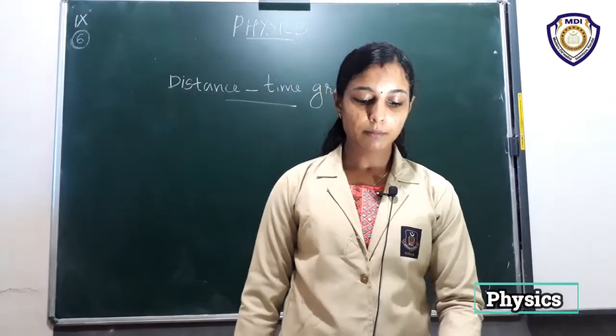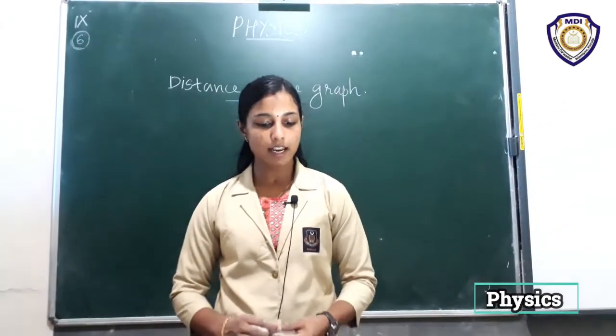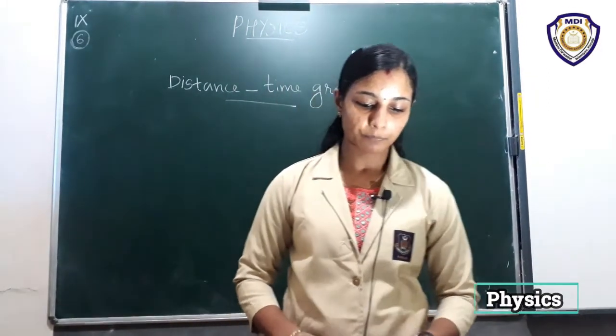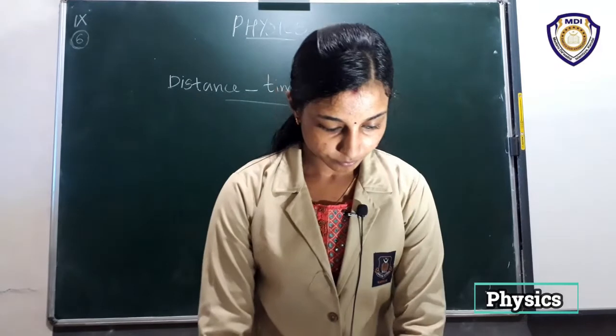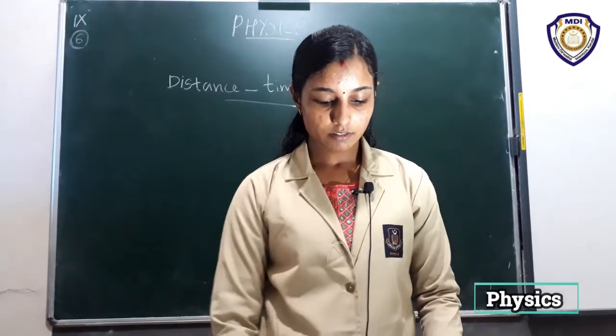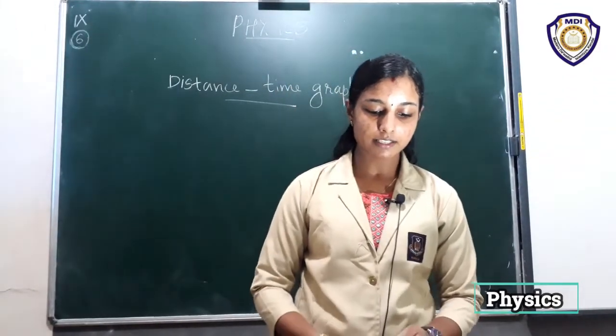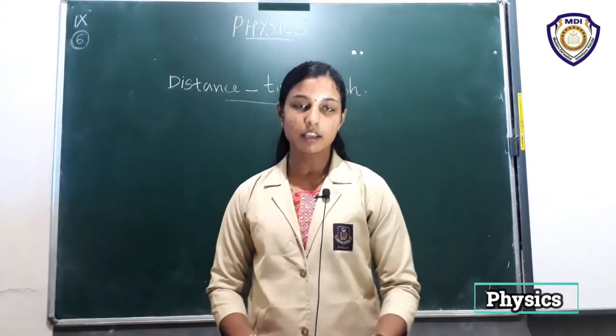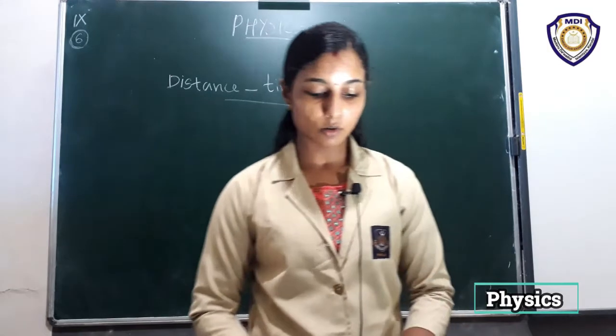This table 8.2 gives the distance traveled by a car at regular intervals of time. The time in seconds is given, and the distance in meters is also given. You can read that, or you see that.